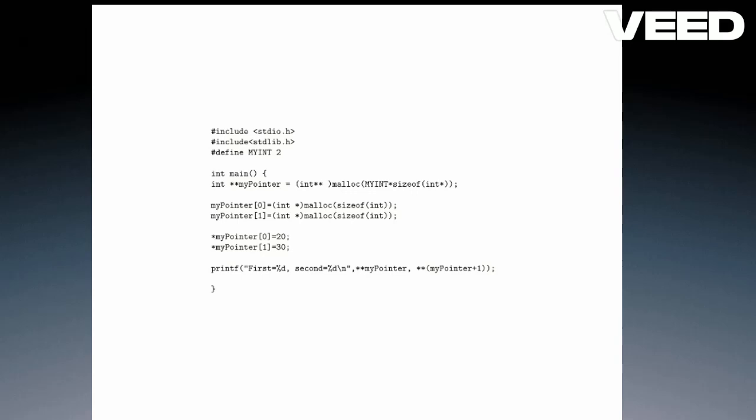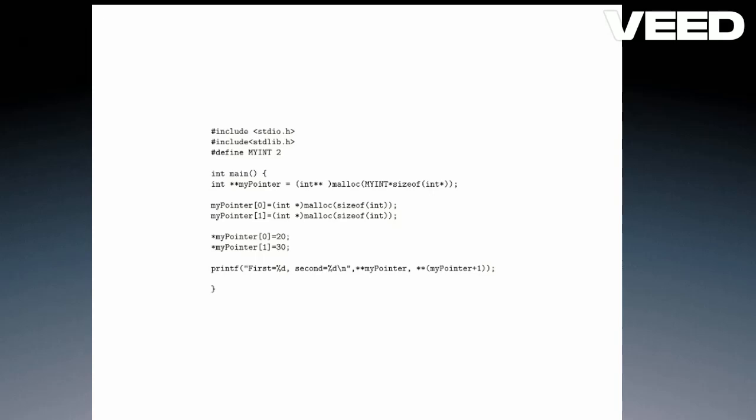Now I am declaring a star star my pointer, just like in the previous slide where it is a double pointer, and I am allocating size 2 times the size of an integer pointer.